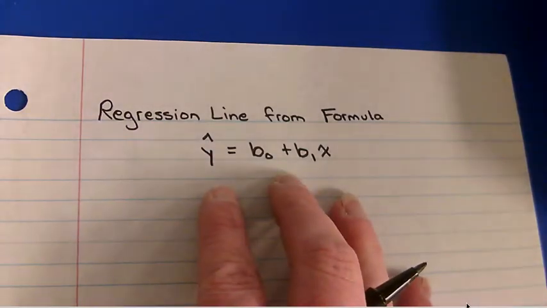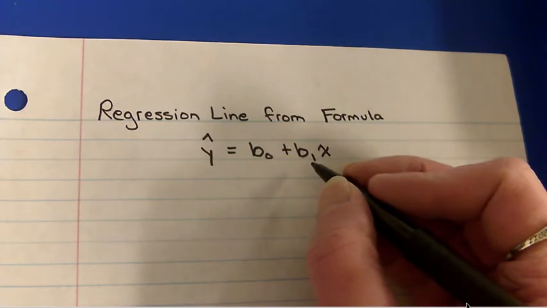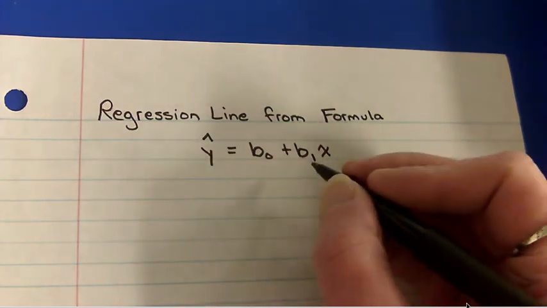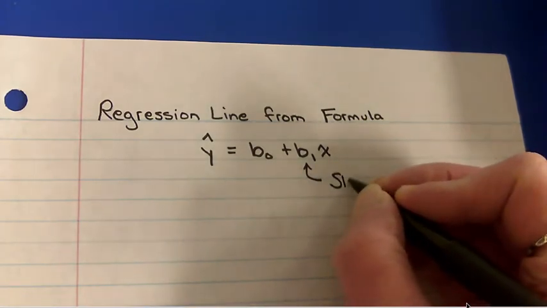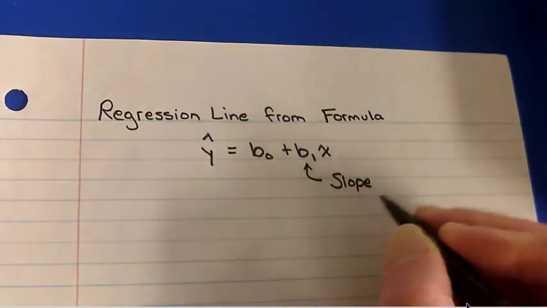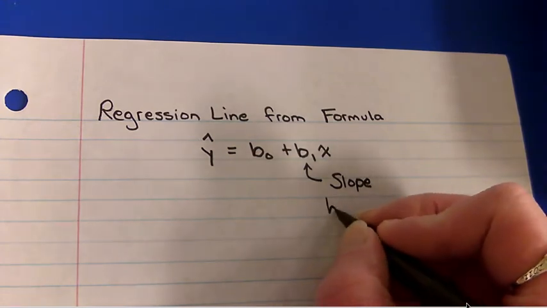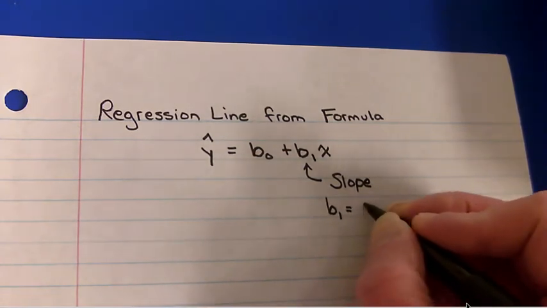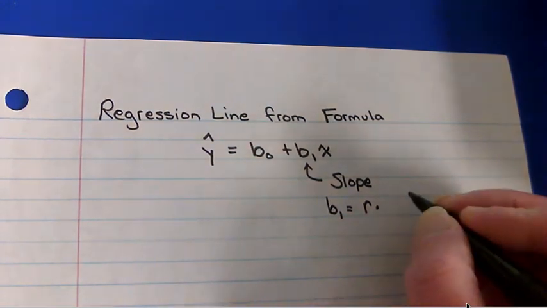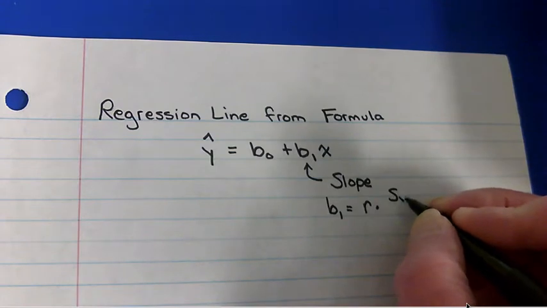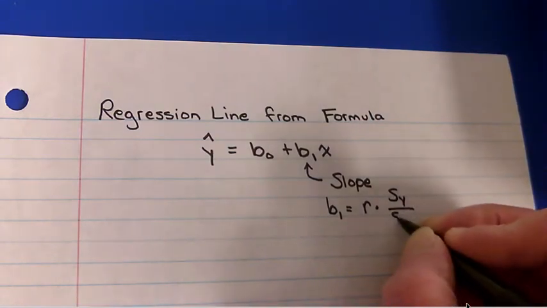So this is how you would see the regression line in the formula chart. And of course, this coefficient of x would be your slope. So this is representing the slope. And the formula for this slope would be r, which is your correlation coefficient, times s sub y over s sub x.